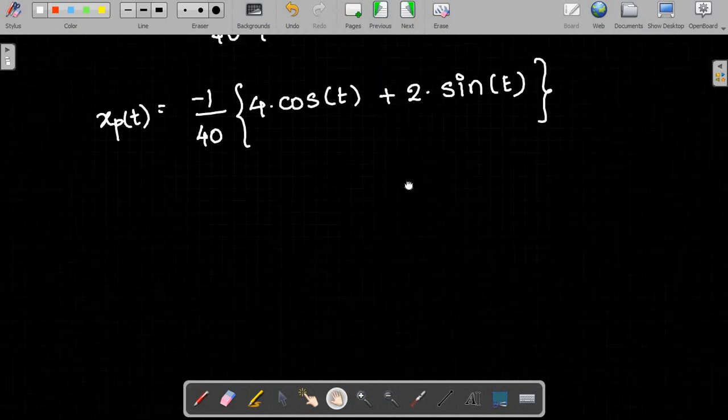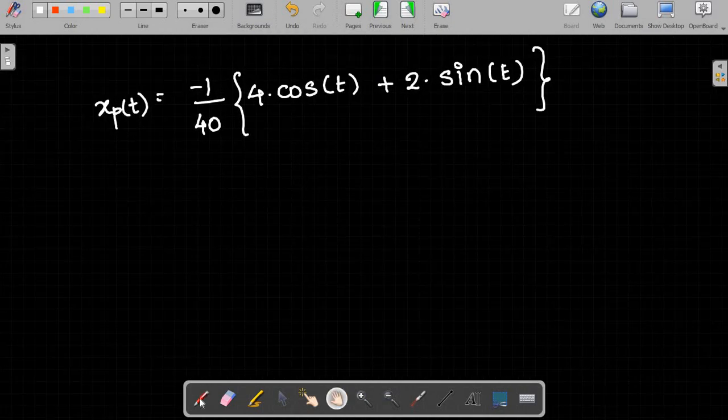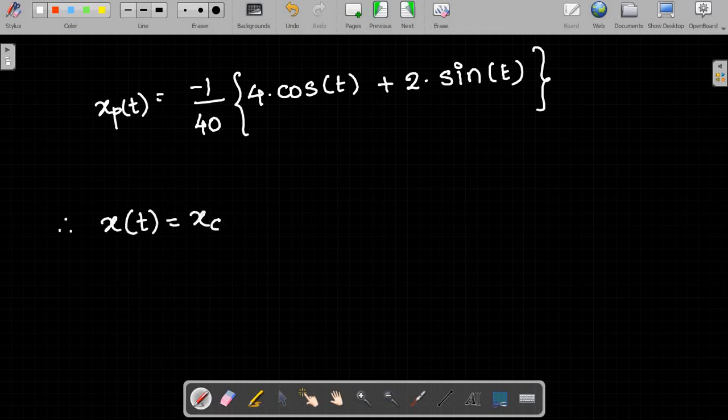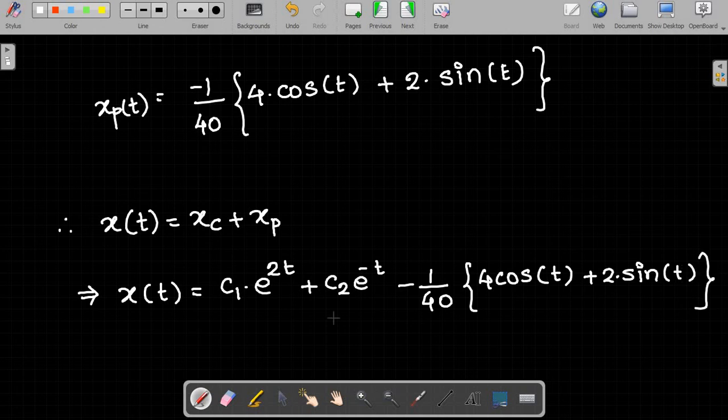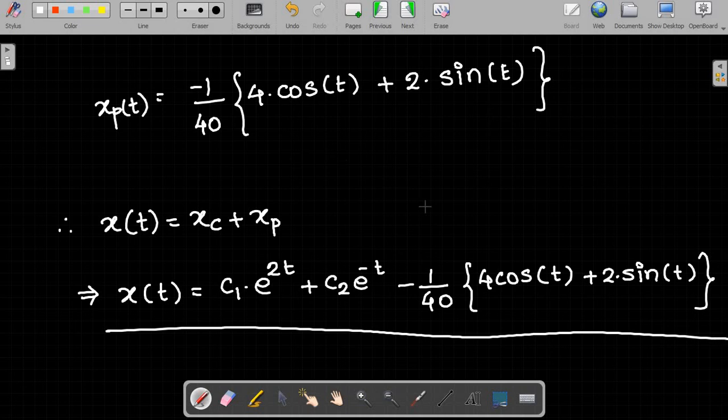Therefore, from above, x in terms of t is equal to complementary function plus particular integral. This implies x of t is equal to c1 e raised to 2t plus c2 e raised to minus t minus 1 upon 40 into 4 times cos t plus 2 times sin t. This will be the required solution for variable x.